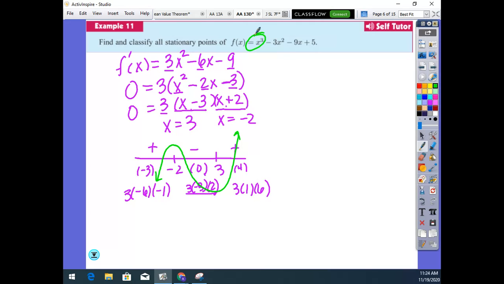So to find our stationary points, we have this particular point here, negative 2, but then we have to plug it back in. See how this is the top of a hill? Top is a max. So we have a max of... hang on a minute.